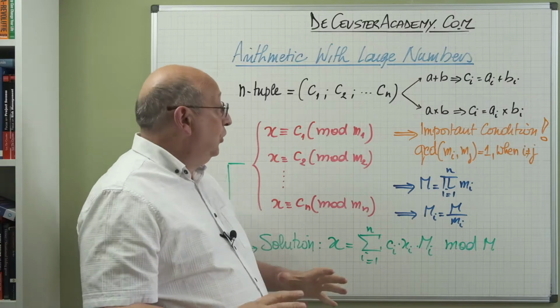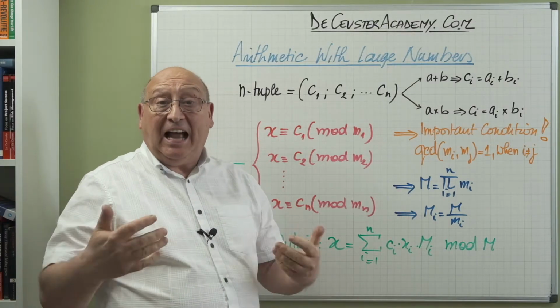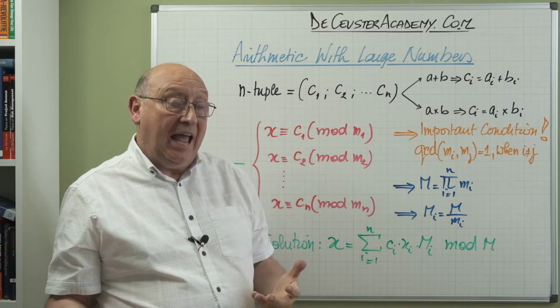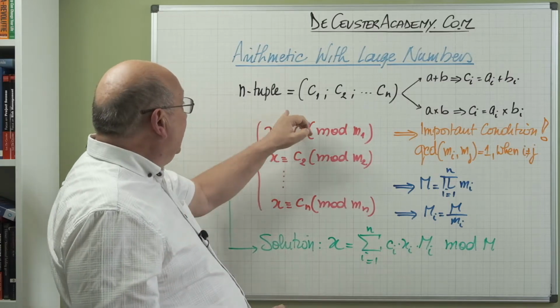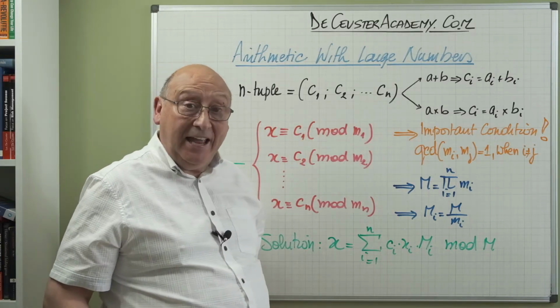Let us now consider that the n-tuple that we obtained after adding or multiplying the n-tuple of A and the n-tuple of B is given by the coefficients C1, C2 up to Cn.